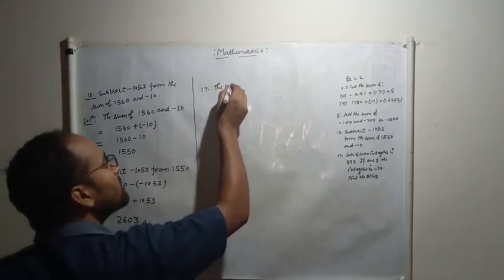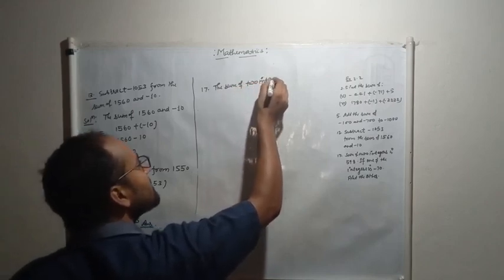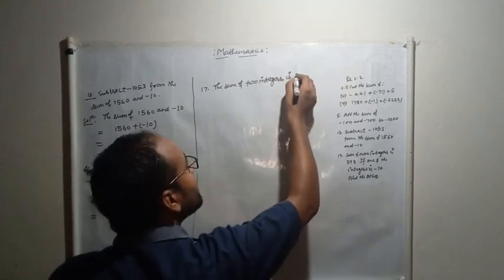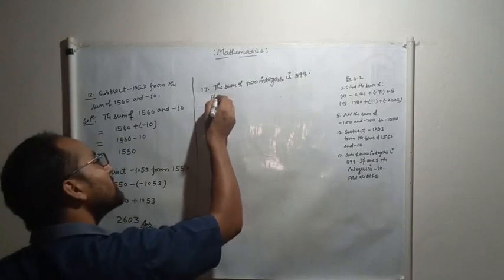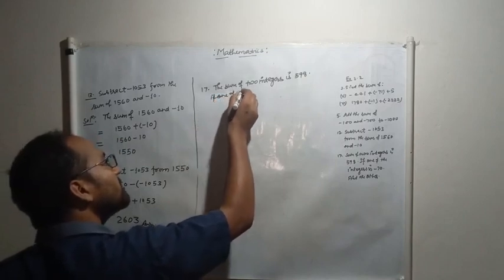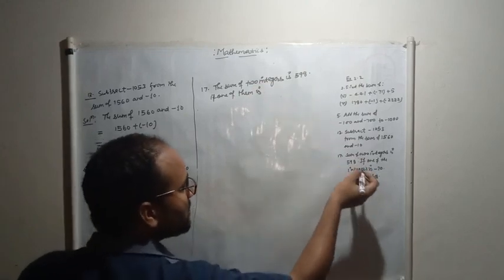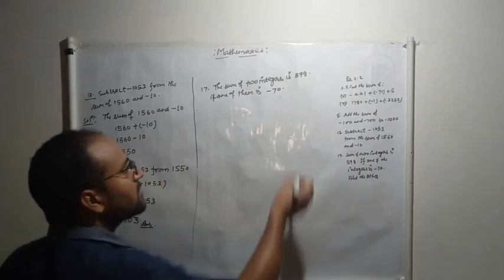The sum of two integers is 558, if one of them is minus 70, find the other.